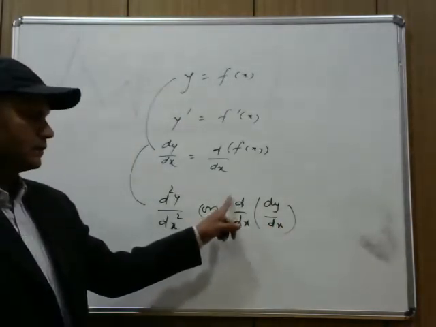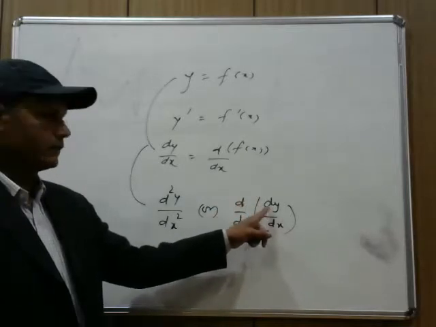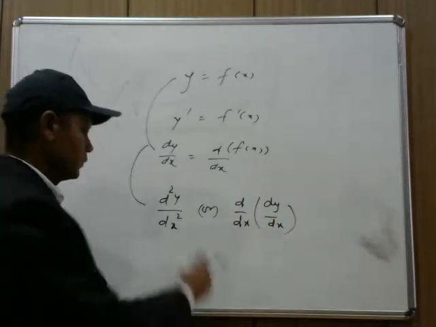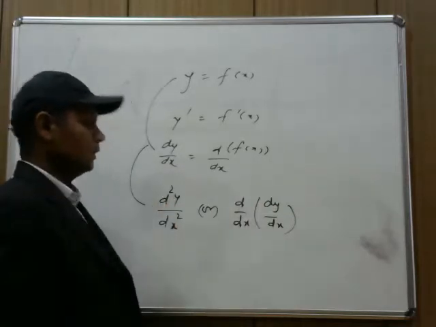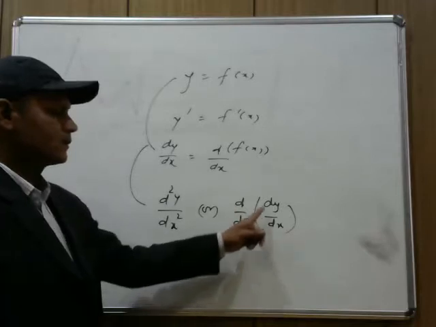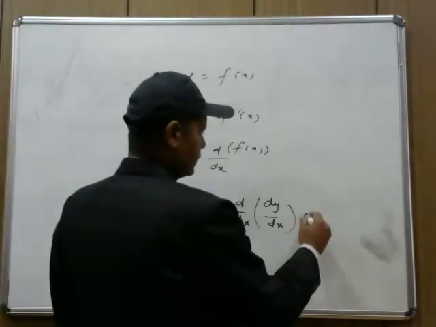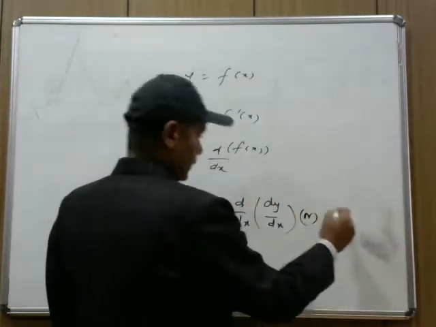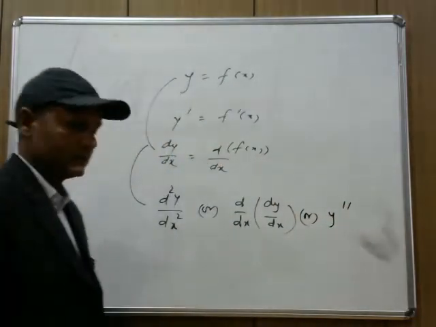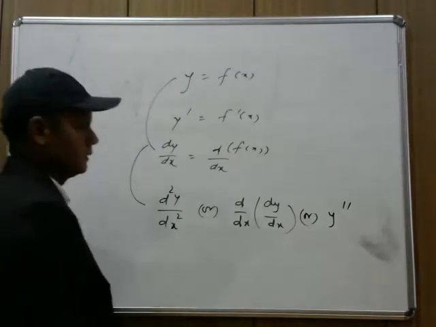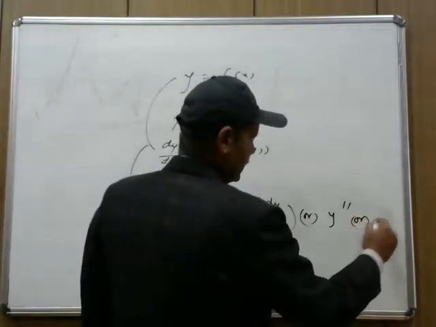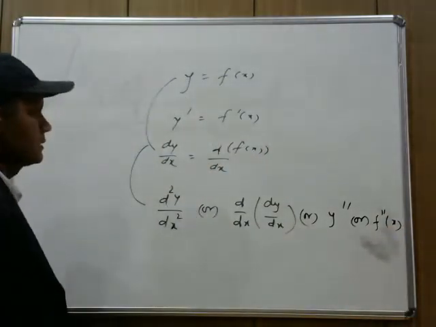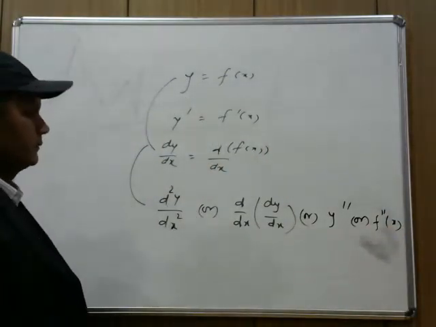Differentiation of the first order derivative, dy by dx, which is the differentiation of y with respect to x, we denote by d2y by dx square, or d by dx of dy by dx, or we write y double dash, right? Sometimes we write f double dash of x. So these are the notations for the second order derivative.